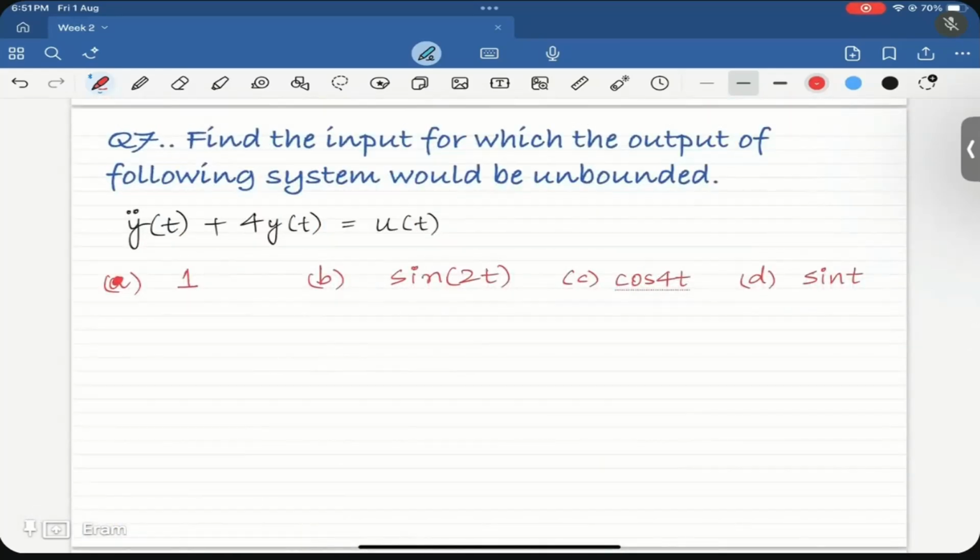Now based on this concept, you are given a system and you have to find out the input which can make the response of this system unbounded. So find the input for which the output of this system is unbounded.